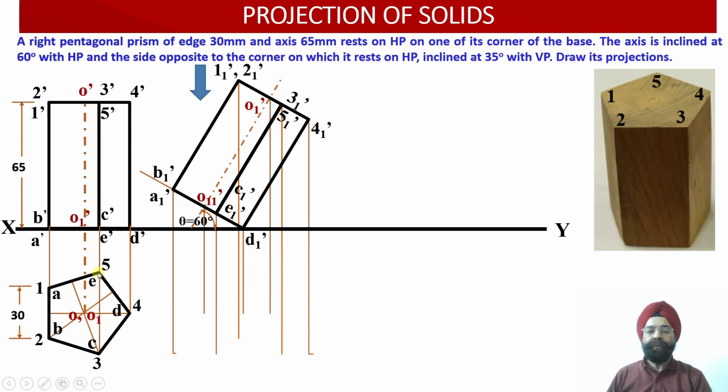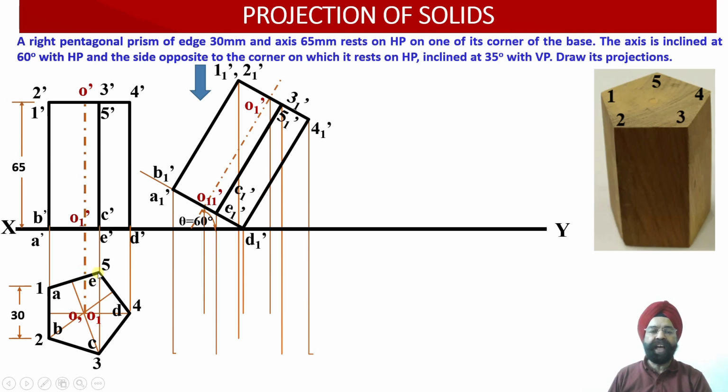Wherever the horizontal projector lines drawn through these 12 points intersect the corresponding vertical projector lines drawn through the same points, those points of intersection will provide us with the corresponding points of the plan projection for the inclined pentagonal prism.